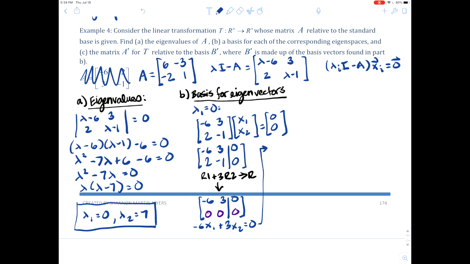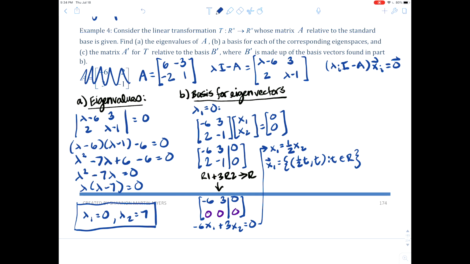And so x1 is going to be positive 1/2 times x2. So our first eigenspace, call it x1, would end up being (1/2 t, t), such that t belongs to the real numbers.